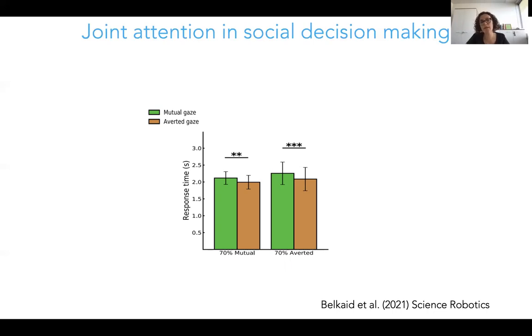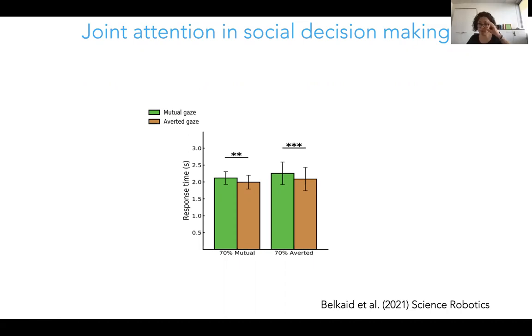What you see here is that participants took longer to make a decision in the mutual gaze condition. And this was independent of the probability of seeing one or the other gaze, because what you see here, 70% mutual or 70% averted, these are two groups of participants, and one group was presented with 70% mutual gaze trials.